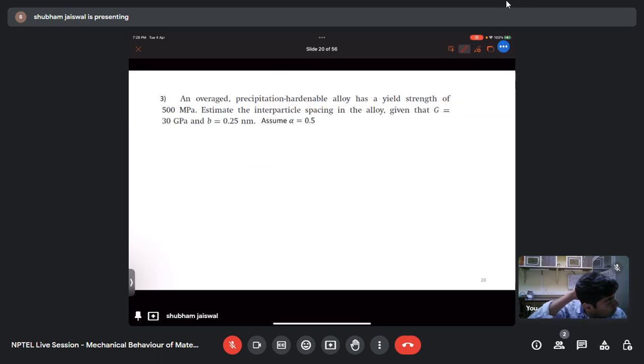Assume alpha equal to 0.5. Please try to answer it, guys. It's very simple.